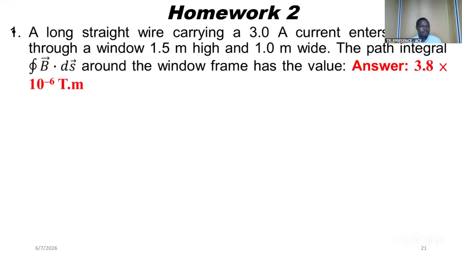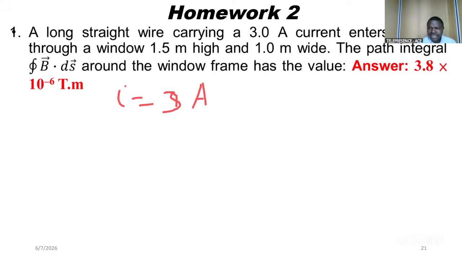Okay, let's quickly use this simple homework to see if we actually understand what I've taught you. Look at this question. A long straight wire carrying a current of 3.3 ampere enters a room through a window 1.5 meter high and 1.0 meter wide.